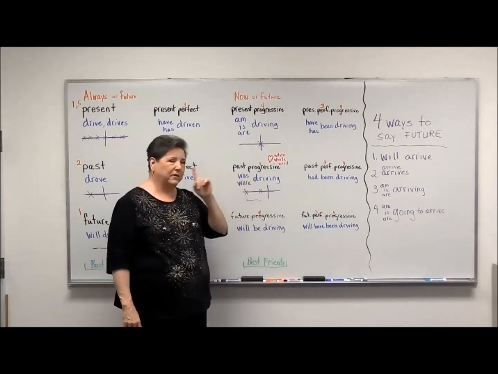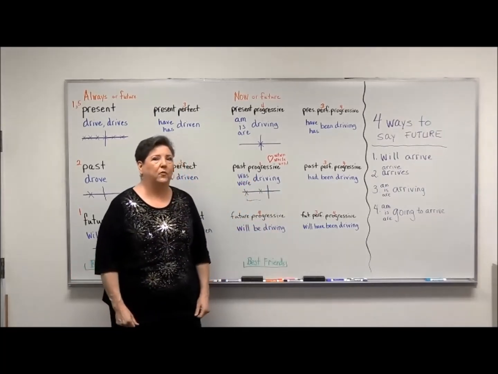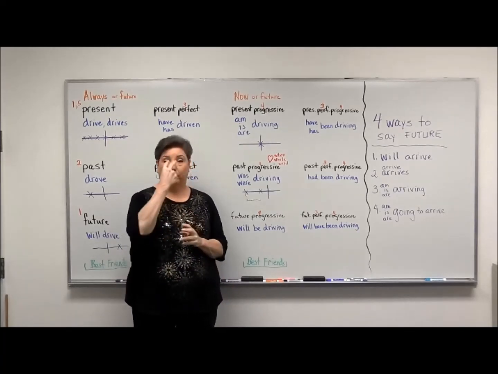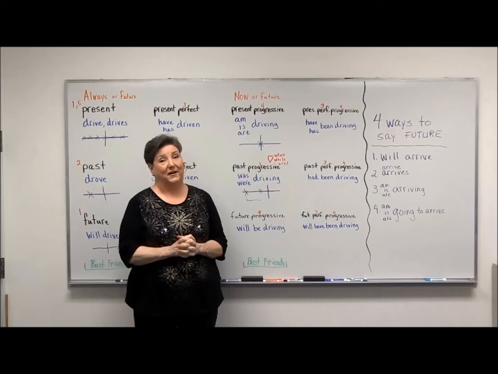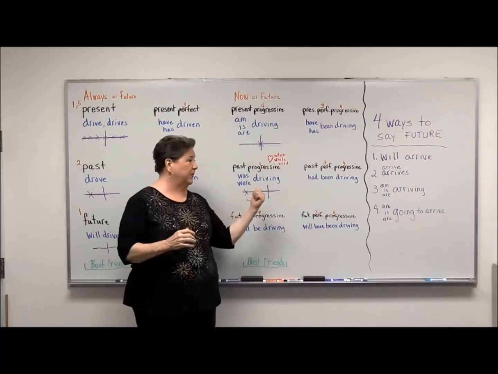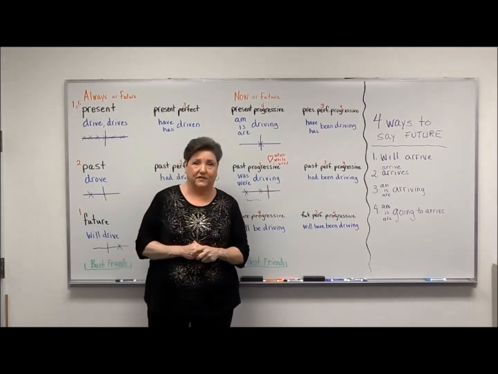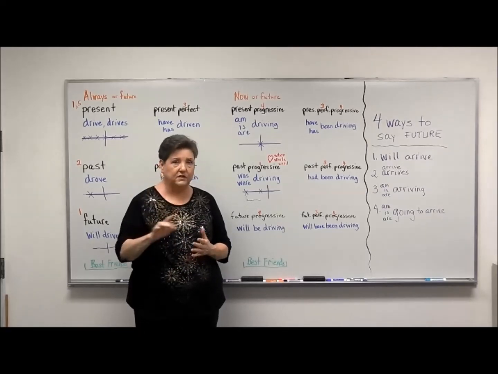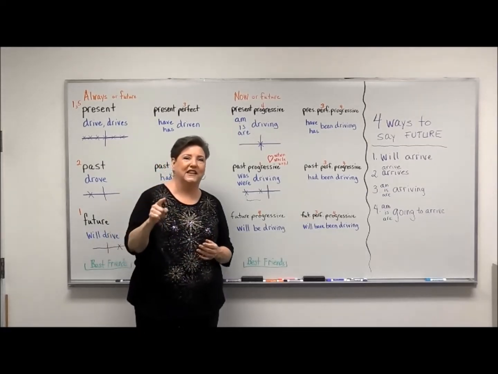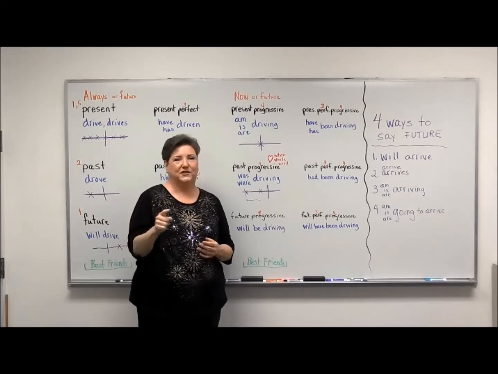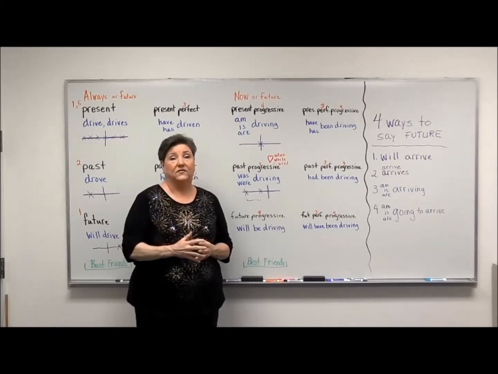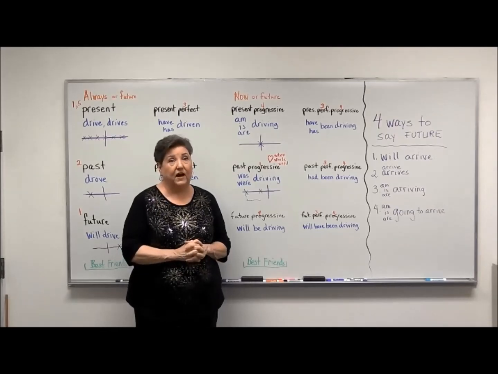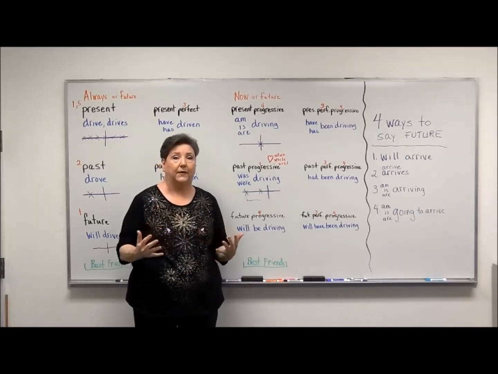But I want you to know a secret about the progressive. When English speakers use progressive tenses, we are focusing on time. It could be the exact same action. But when we say it in progressive, our minds and our focus is on how long did this take? How much time? I may not even say how much time, but when I say it in progressive, I'm focusing on time.